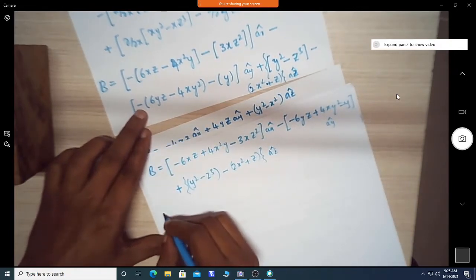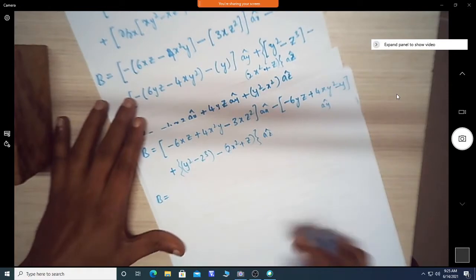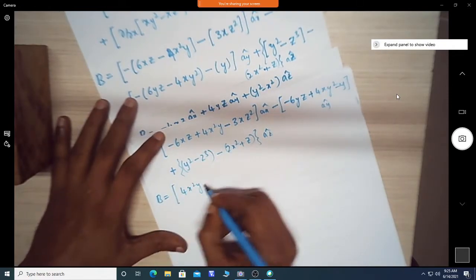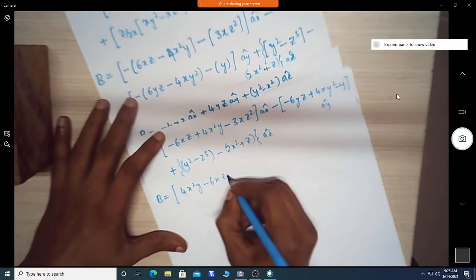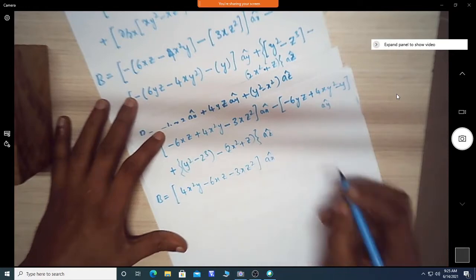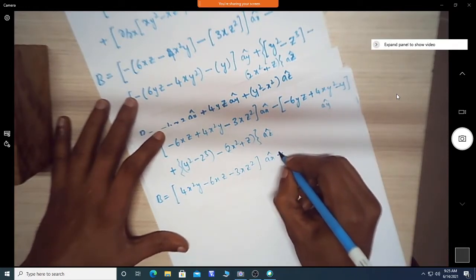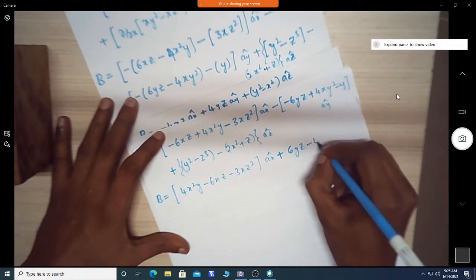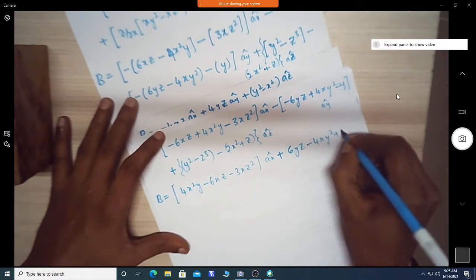So now we will find out what is B. We can rewrite this as 4x square y minus 6xz minus 3xz square in the direction of ax. Now if I multiply the minus inside, you will get 6yz minus 4xy square plus y.